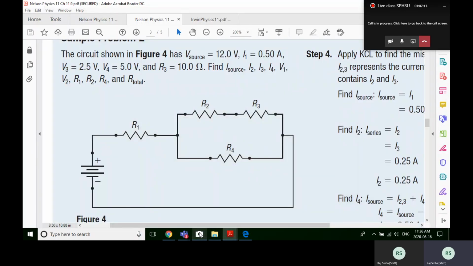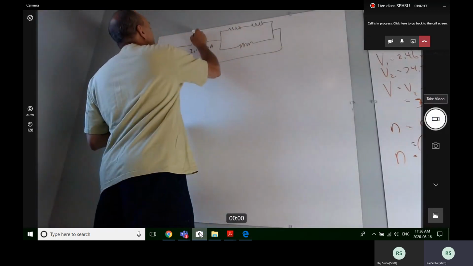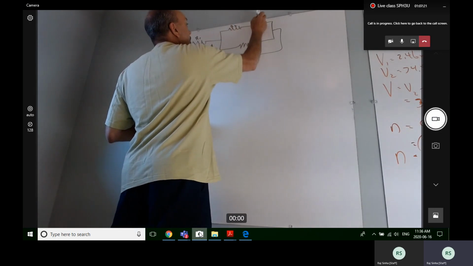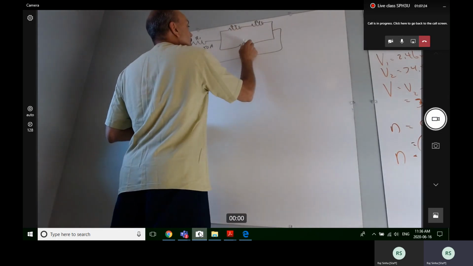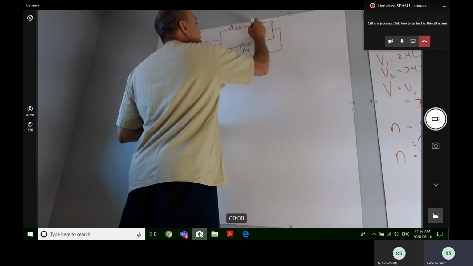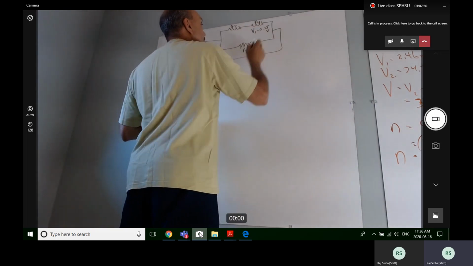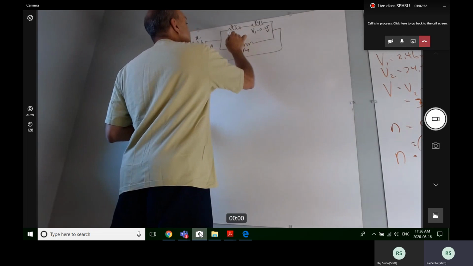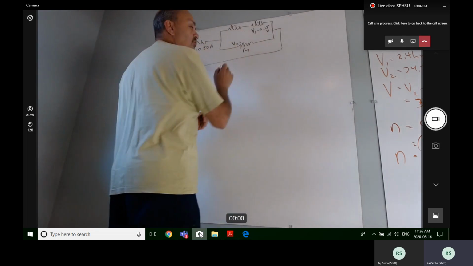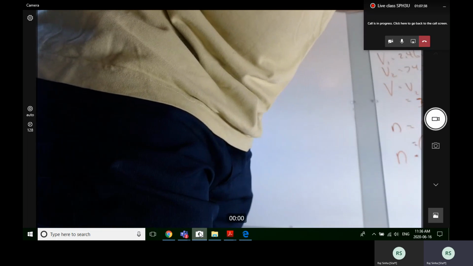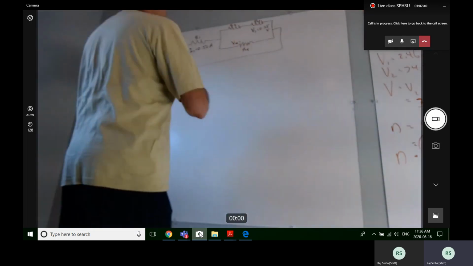V3 is 2.5 volts. So this is R1, this was R2, R3, R4. And V4, is 5 volts.